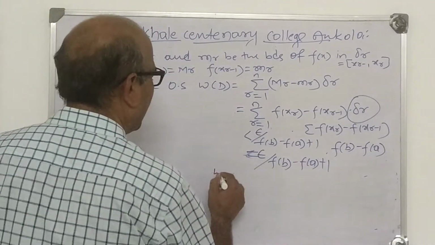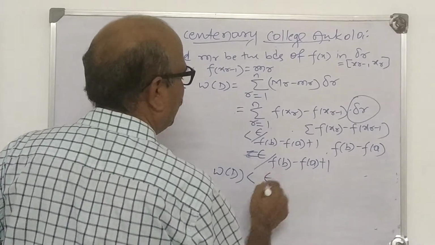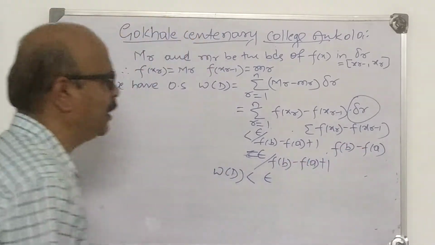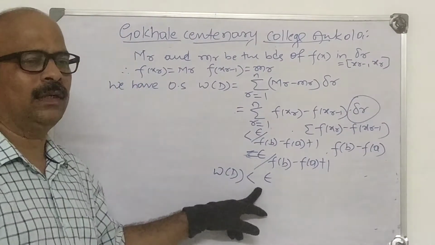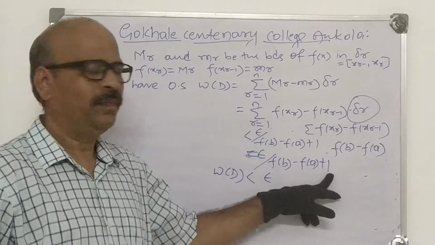So this omega d is less than epsilon, because fb minus fa upon fb minus fa plus 1 is less than 1, so it is less than epsilon. Why do we have to take fb minus fa plus 1 here?